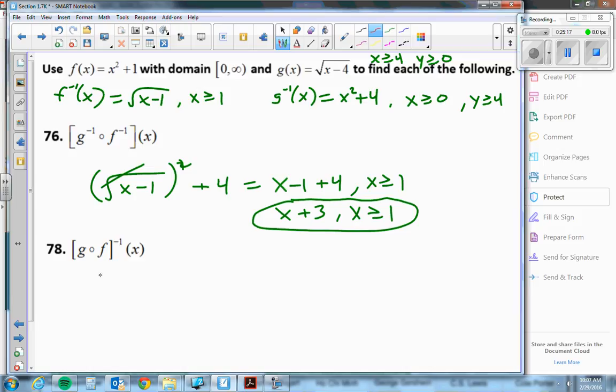All right, see what happens with this. We're supposed to do g of f first. Let me just write that out. And just note the restriction on the inner.